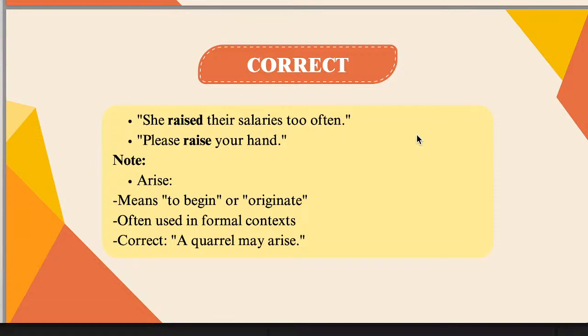So it is generally used in a formal context, in a formal setting. So a quarrel may arise, which means it might begin. There are chances that it can start, it can begin, it can originate.